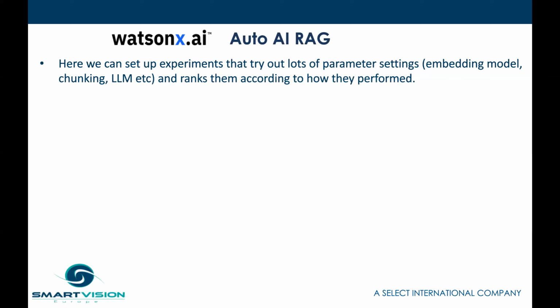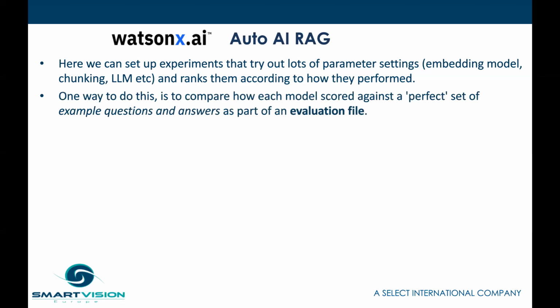Chunking refers to how it splits the data up, whether it splits it up. Semantic chunking, for example, splits things up according to the subject matter, paying attention to the headings, which is quite useful for this type of set of documents where there are a lot of headings and everything's kind of broken into topics. You can try different LLMs, you try different parameters, and it ranks them according to how they performed.